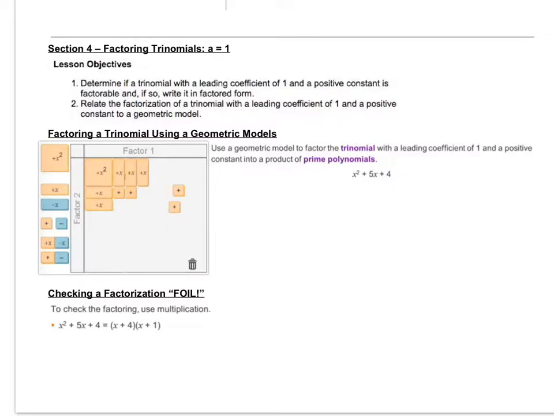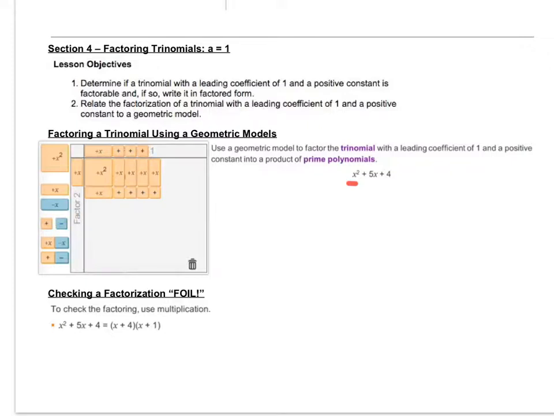What I'm showing you right here is this little animation that's actually found on the Edgenuity video, where it shows x squared as the big block here, plus 5x with the 5 individual blocks, and then 4 individual unit blocks, okay?